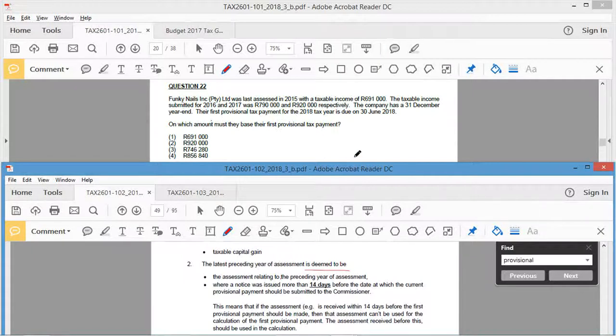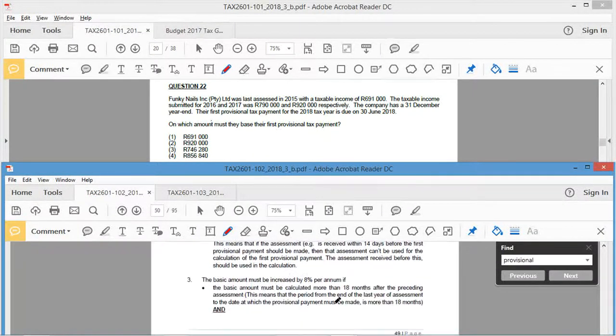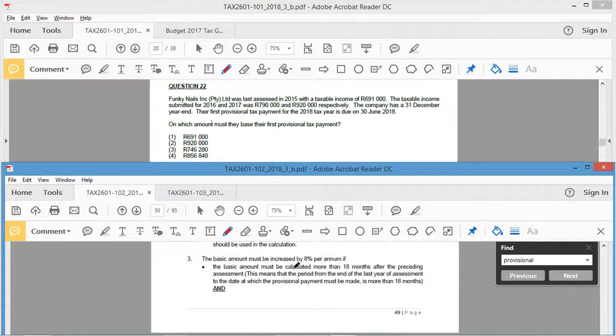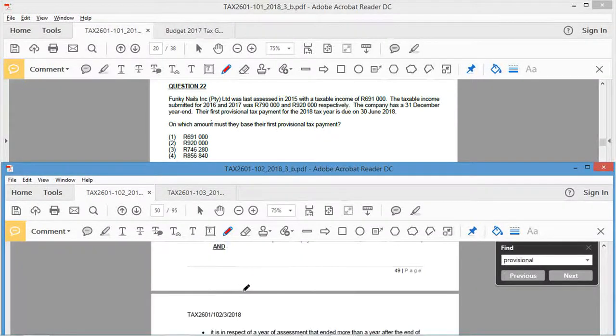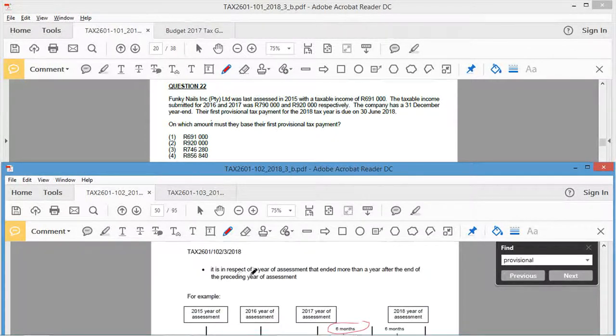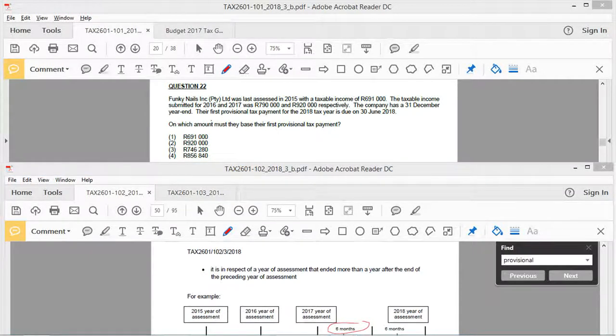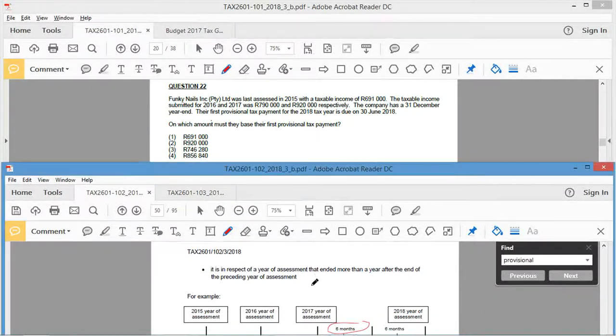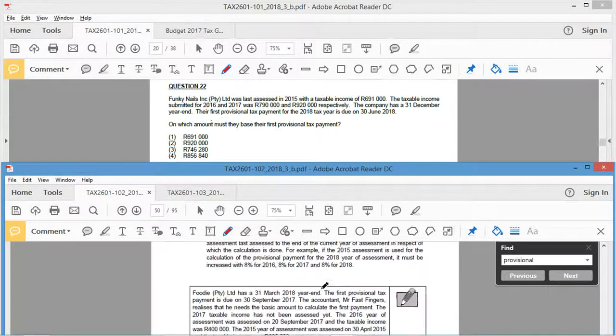No, they don't, so that wouldn't be applicable. That's fine. And then 3, the basic amount must be increased by 8% per annum if the basic amount must be calculated more than 18 months after the preceding year of assessment, and it is in respect of a year of assessment that is more than a year after the end of the preceding tax year. Right, so that's the theory relating to provisional income tax payments.